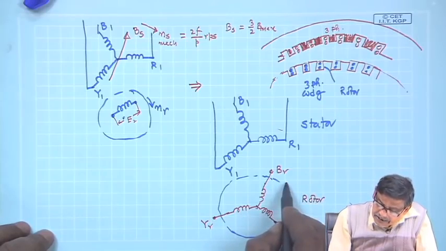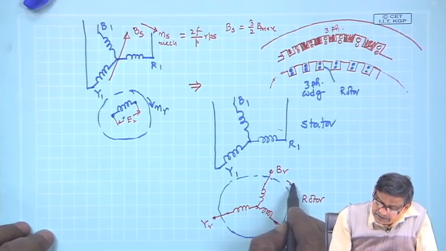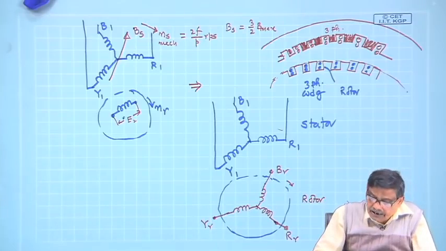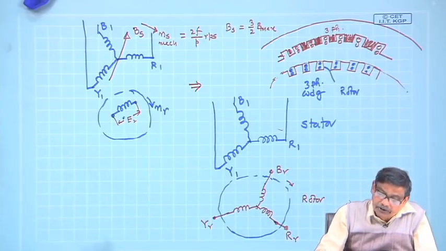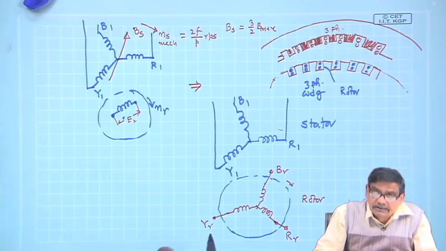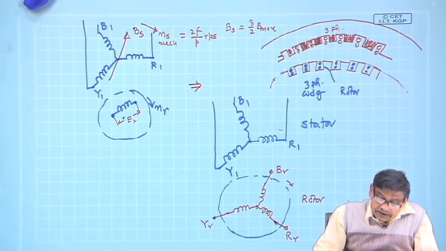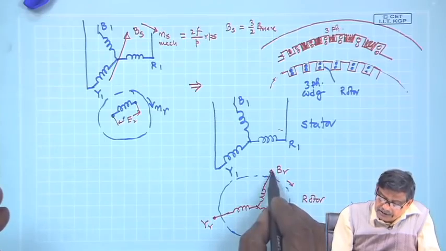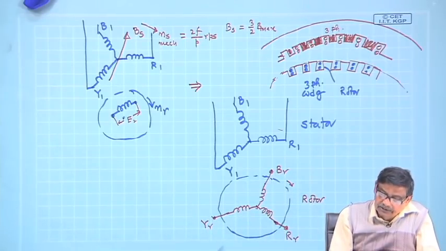and it can be rotated externally or maybe it will rotate on its own when you energize the stator, we will see that. But the point is, suppose the rotor terminals are kept open circuited, what is going to happen?